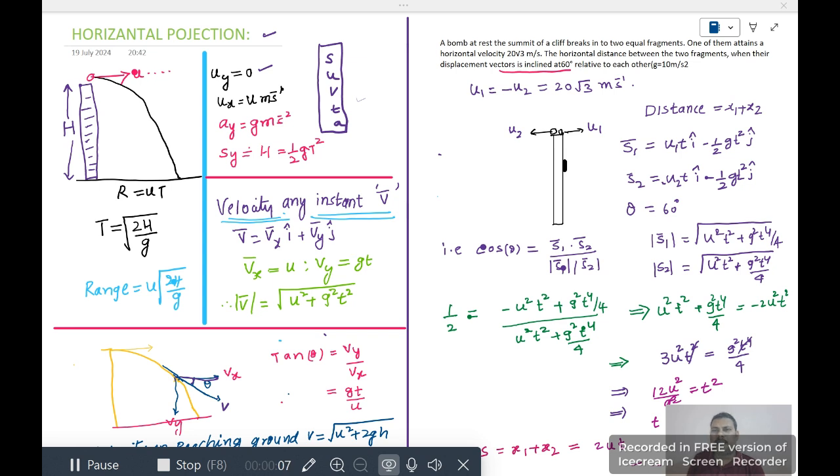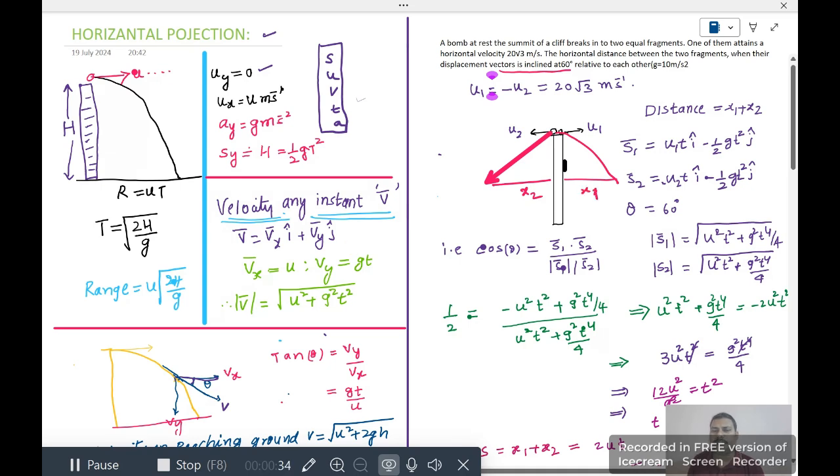First of all, write down the displacement vectors S1 and S2. Why? Because we don't know how much time is taken. For the horizontal distance, if you complete the diagram like this, after t seconds those two will come like this. So this is the distance between them, x2 plus x1.